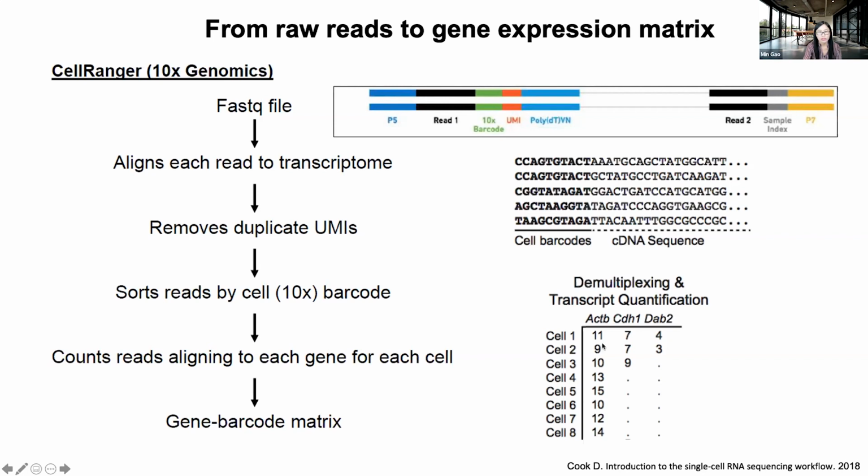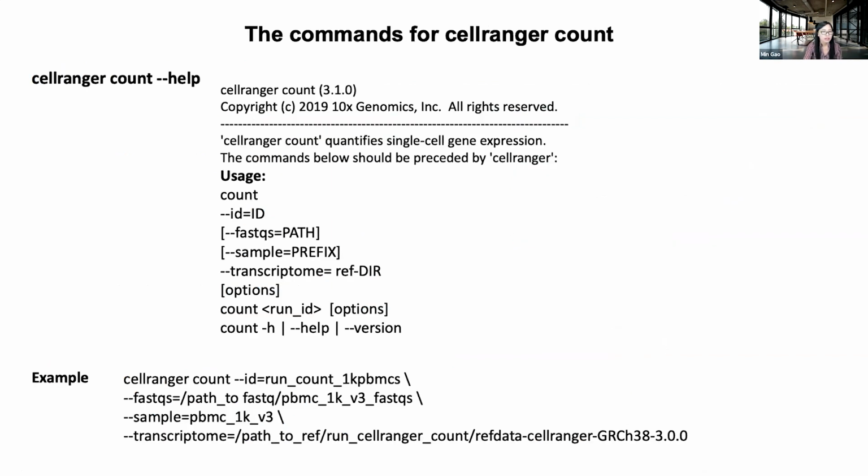Here shows the gene expression matrix, with the cells here and the genes here. The number indicates the expression of each gene in each cell. And here shows the command for cellranger count. Here we can see how to use this command.